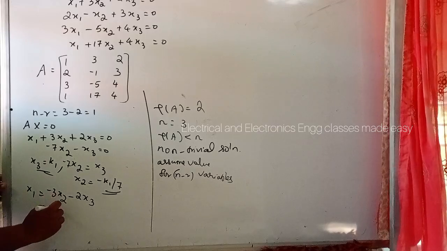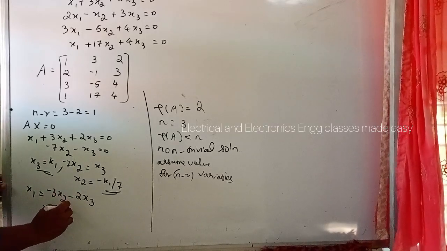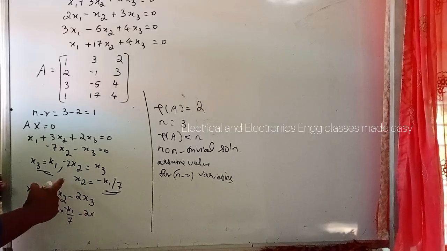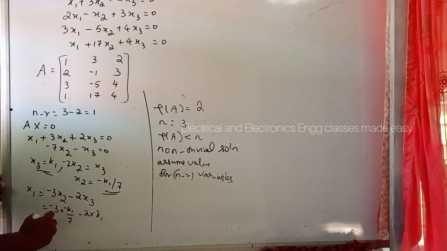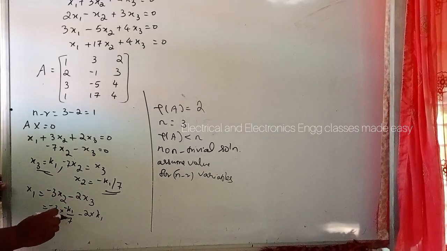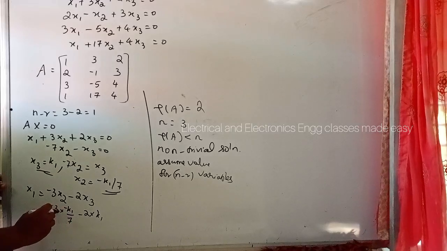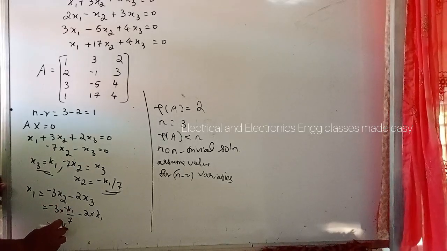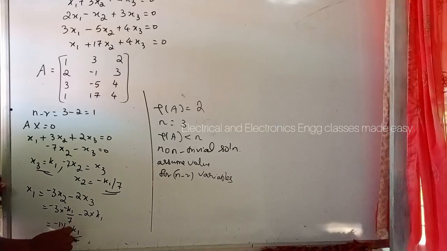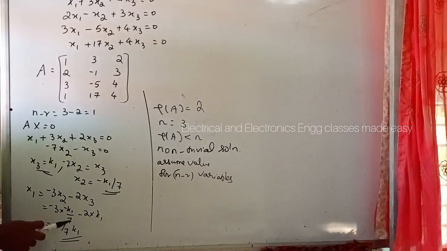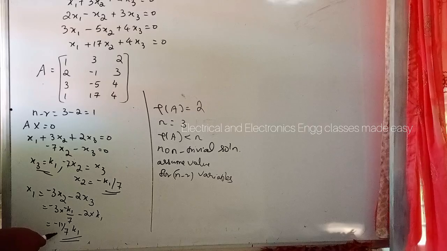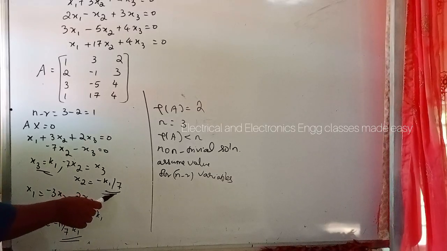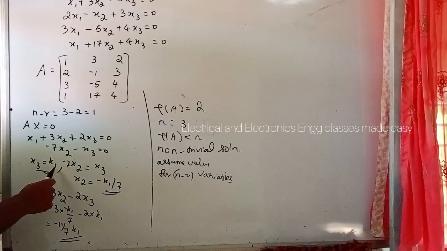So minus 3 into minus k1 by 7, then minus 2 into k1, here we will get 3 minus 14, that is minus 11 by 7 k1. So the solutions are x1 is equal to minus 11 by 7 k1, x2 equal to minus k1 by 7, and x3 is equal to k1.